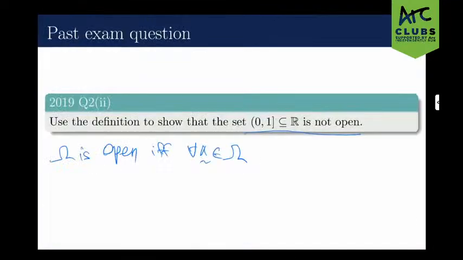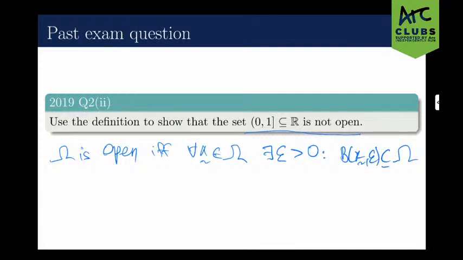So I'm going to prove that for all x in omega there exists an epsilon positive such that the ball is contained inside omega.